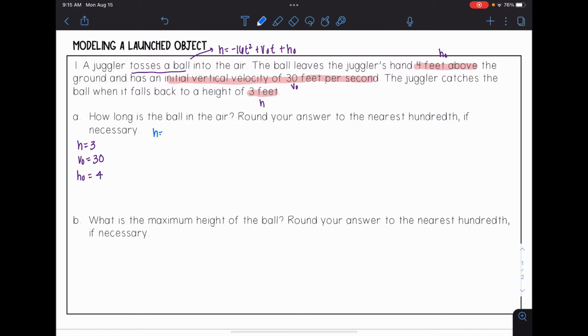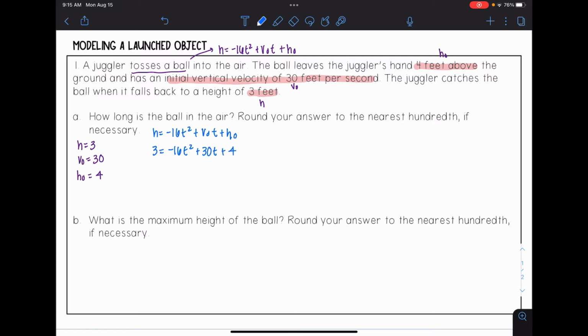So I'm going to plug that into my formula here. And so when I plug it in, h is equal to 3, so I have 3 is equal to negative 16t squared plus v naught, which is 30t, plus h naught, which is 4. And I want to solve this for t, and I see I have a quadratic function here.